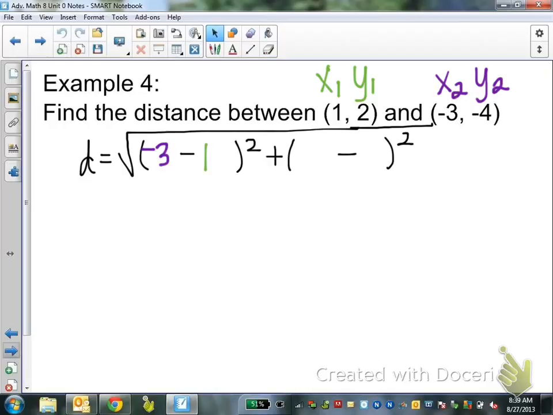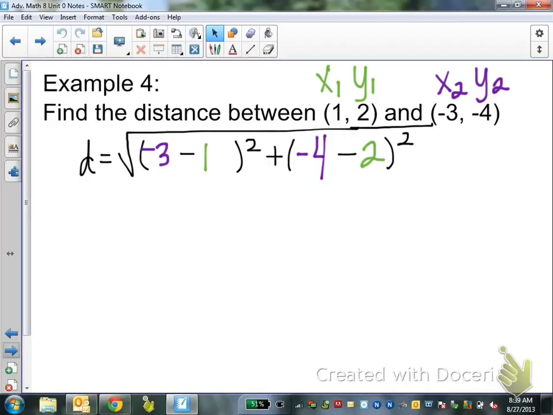That's our first one. Now because I used negative 3 first here, I have to use the corresponding y first. So what did you plug into the next blank? Good, negative 4. Which means what goes into the last blank? 2. It's not a negative 2, it's just a 2, but it is being subtracted.